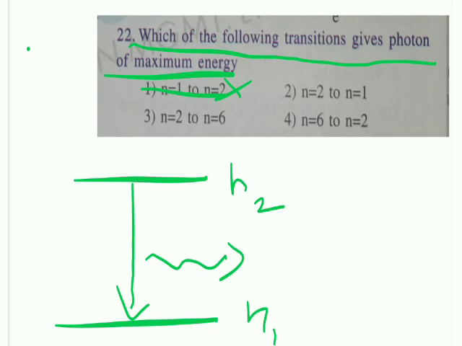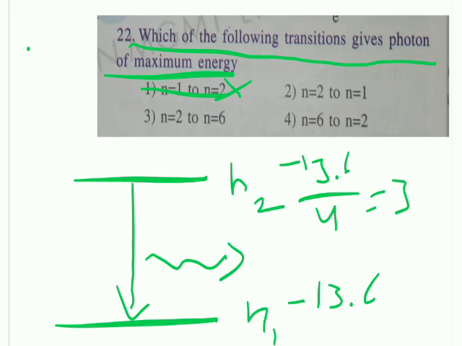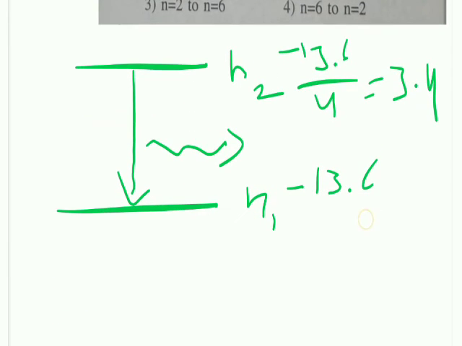Ground state energy is minus 13.6, and for n2 it is minus 13.6 by 4, which is minus 3.4.